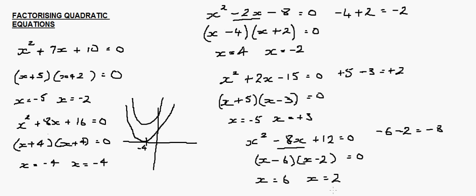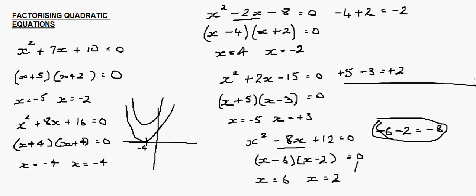Okay, this is just practice, but this little sum here that we're doing will help you find the missing numbers in here. Okay, I promise you it will help you.